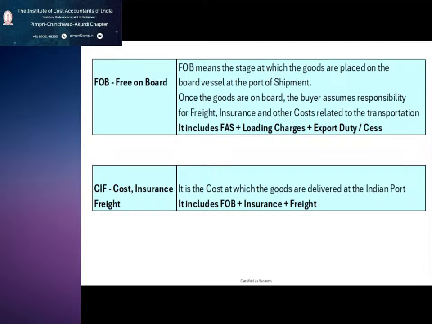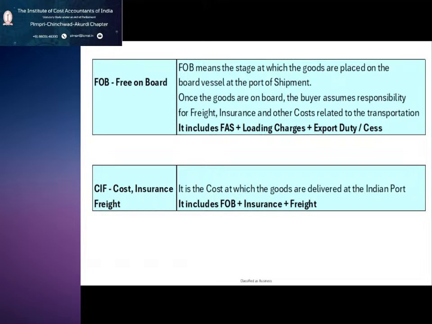Then FOB. So this is our major one, FOB, free on board. It is the stage at which goods are placed on board the vessel at the port of shipment. Once the goods are on board, the buyer assumes responsibility, freight, insurance and other costs related to the transportation.